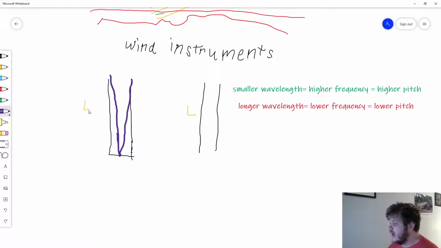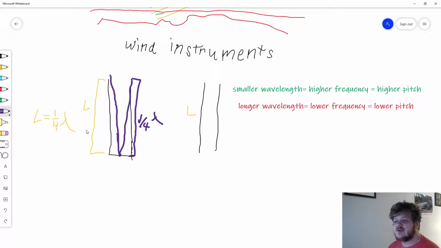So the length of your pipe is only equal to 1/4 your wavelength, lambda. So this would be 1/4 lambda.